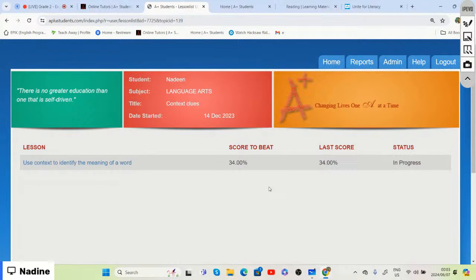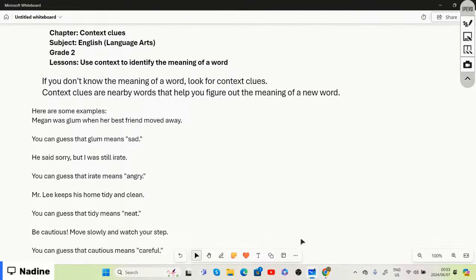All right, so context clues. We said our chapter is context clues, our subject is English Language Arts, grade 2.